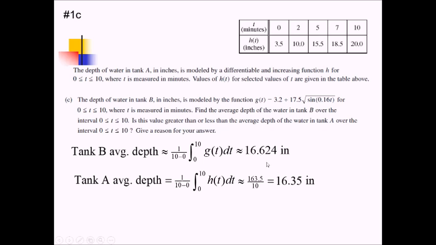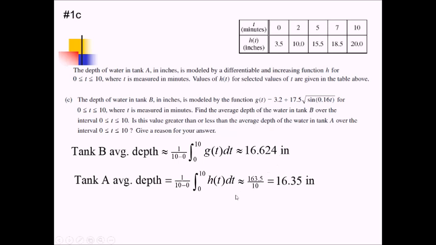And here it certainly looks like tank B has a greater value. We can't conclude that just yet, though, because for this tank A value we used an approximation for the numerator. That means the whole thing is really an approximation that, for all we know, might be greater than or less than this other number. We don't really know unless we do a little more analysis.